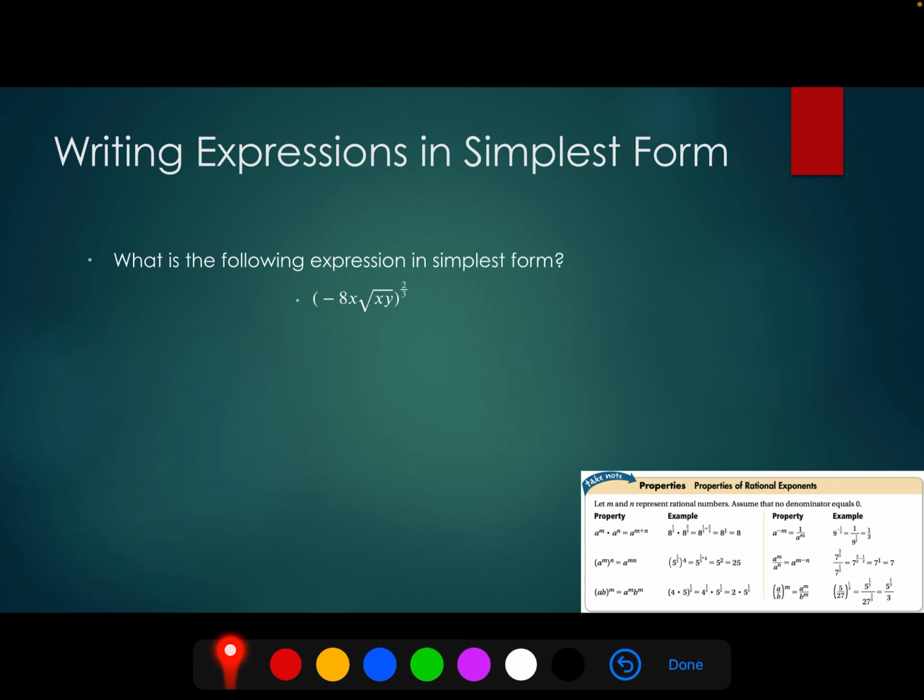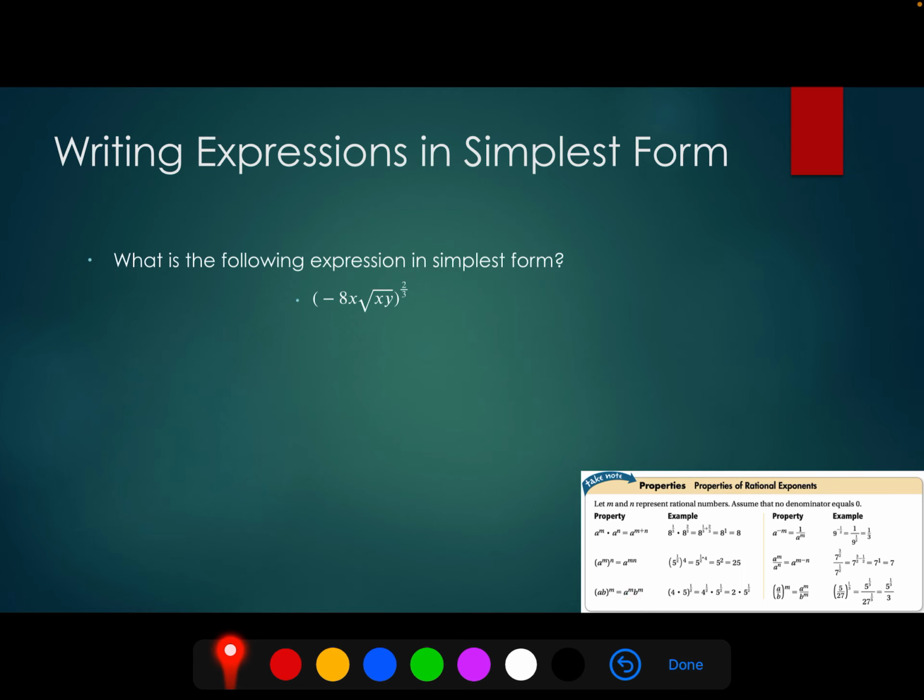Now let's take a look at writing these expressions in simplest form. So this says, what is the following expression in simplest form? And we have negative 8x times root xy, all raised to the 2/3 power. For this one, if we go down to our little chart down here, we're going to have to use this property right here. We have a product raised to a power. So when you have a product raised to a power, that exponent gets distributed to every single factor inside of your parentheses.